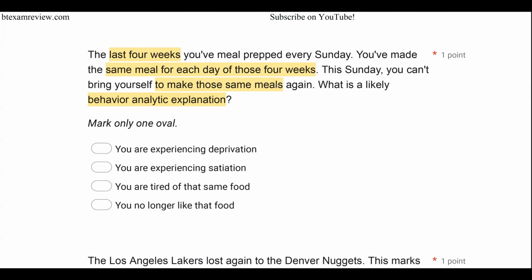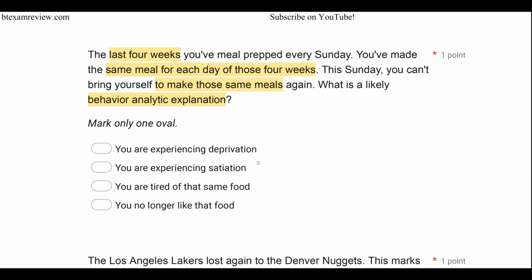If you ate the same meals 4 weeks straight, what would eventually happen, do you think? You would eventually become tired of those meals. Now, if we want to be behavior analytic, what's a better way to describe that? Because we could say, well, I became tired of it, but that's not very behavior analytic. What's more behavior analytic than saying we were tired of the meals?